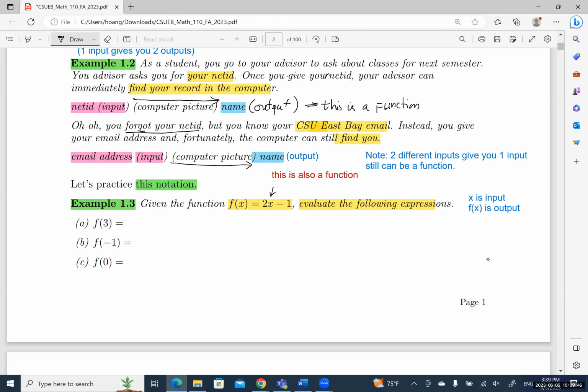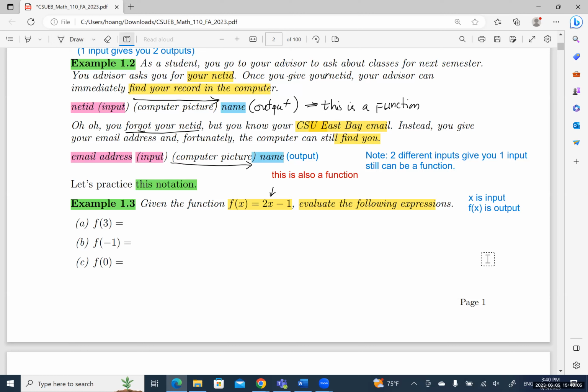So you're thinking, double the input and subtract 1, something like that. Then you get the output. Okay, so part A, I want to find f of 3.